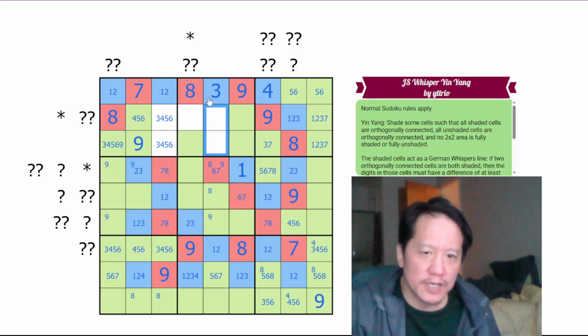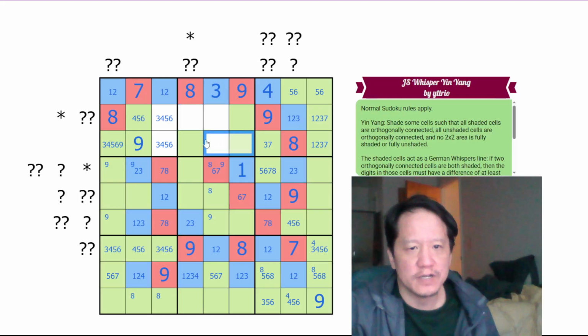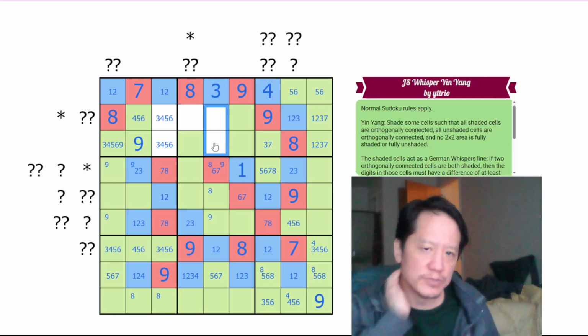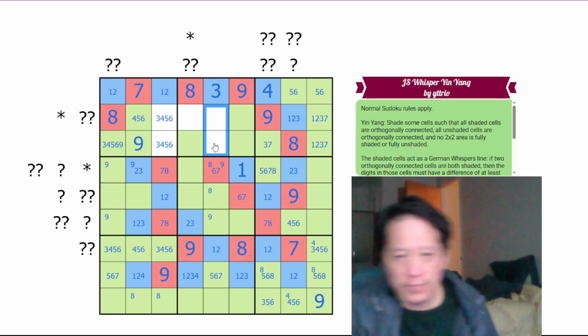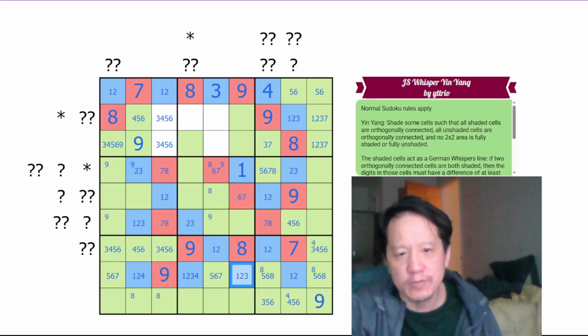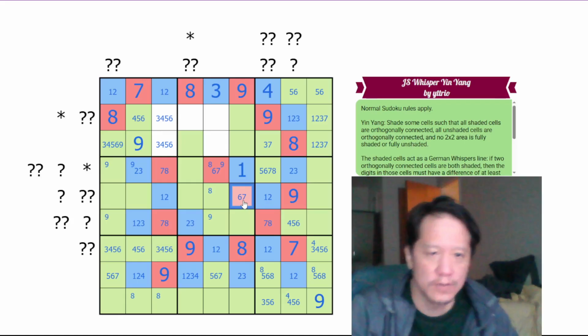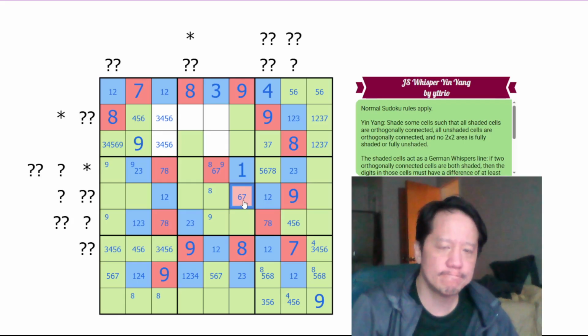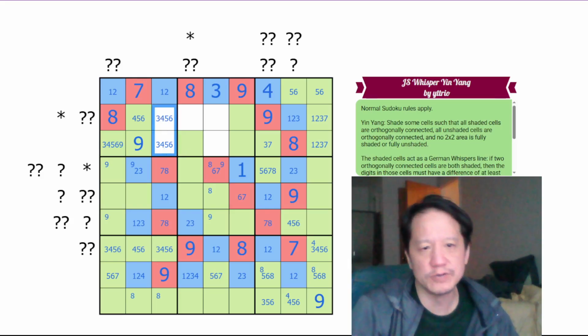No, these both cannot be shaded because one of them has to exit out. But one of them's shaded, one of them's unshaded. This is 1, so this cannot be 1 here. This is looking kosher.